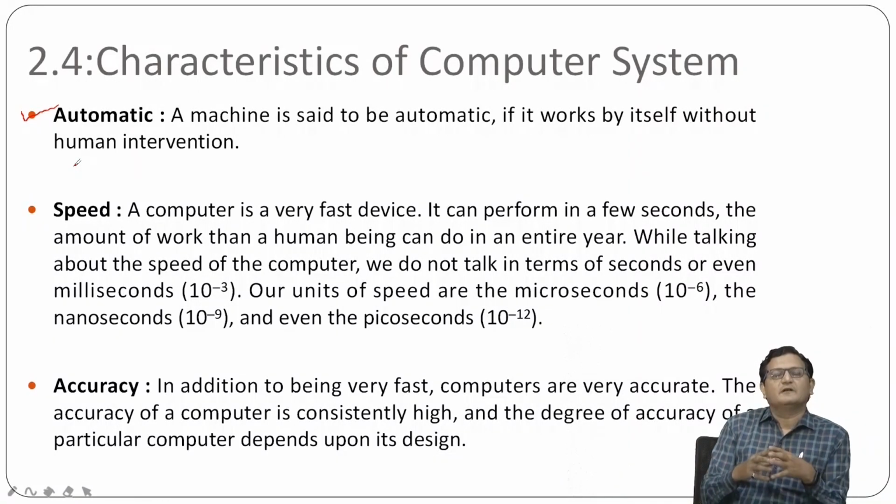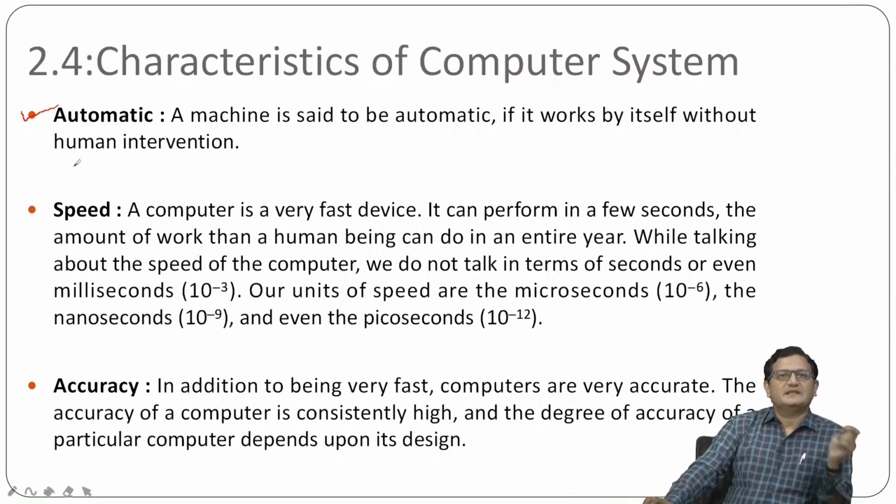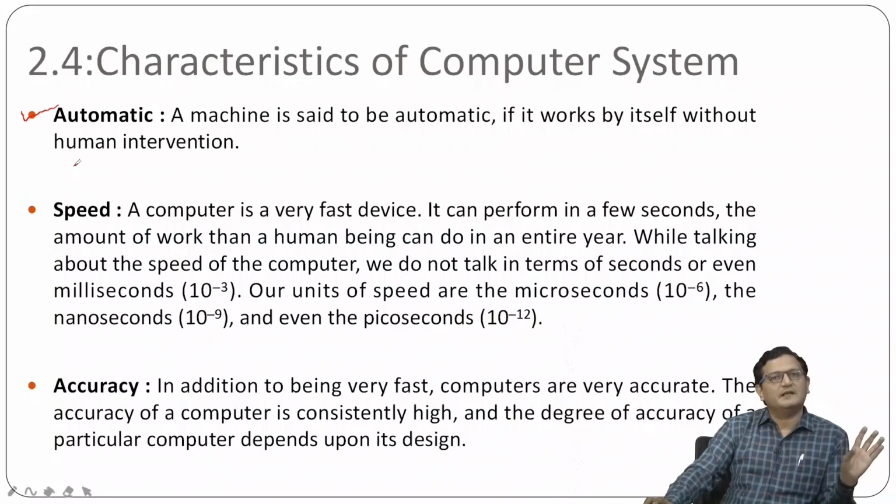So once you give any work to the computer, the computer will do that work automatically. Automatically means the human will not be there, right. Computer does not need a human, and whatever instructions are given to the computer will be executed without any human intervention.